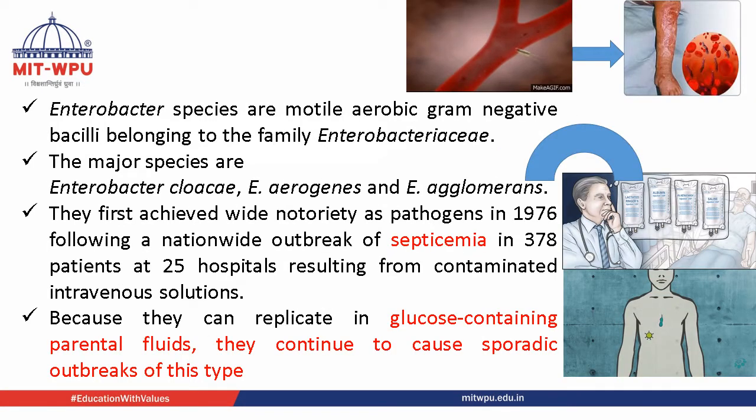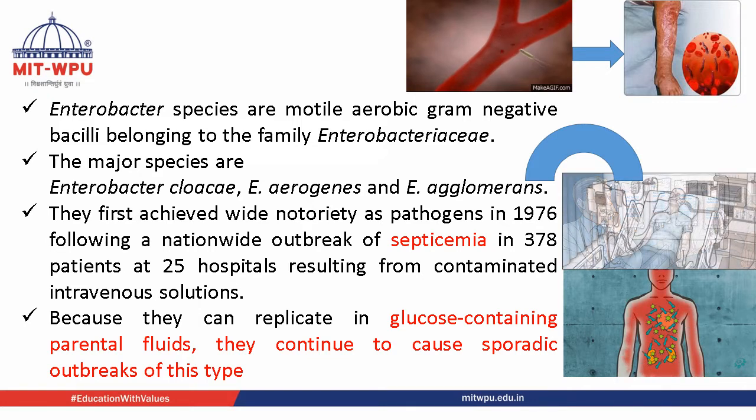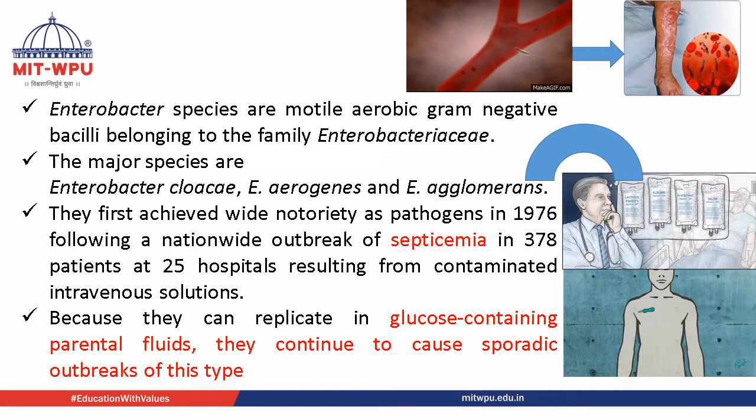Enterobacter species are motile, aerobic Gram-negative bacilli belonging to the family Enterobacteriaceae. The major species are Enterobacter cloacae, Enterobacter aerogenes and Enterobacter agglomerans. They first achieved wide notoriety as pathogens in 1976, following a nationwide outbreak of septicemia in 378 patients at 25 hospitals, resulting from contaminated intravenous solution.